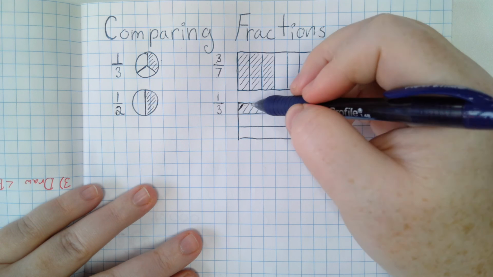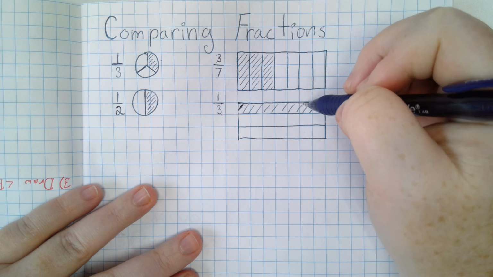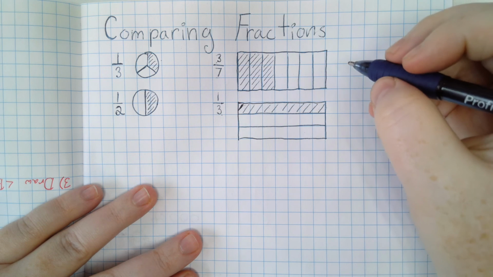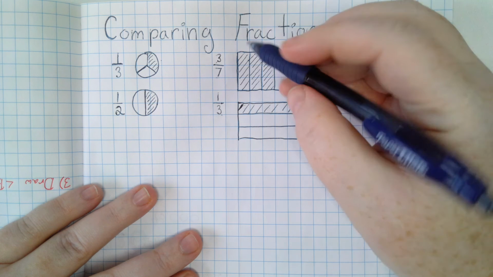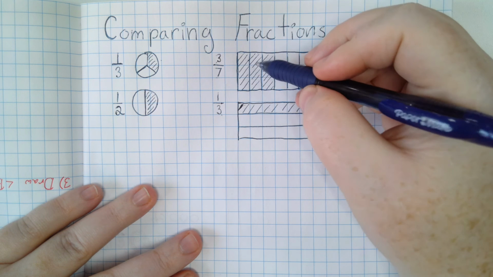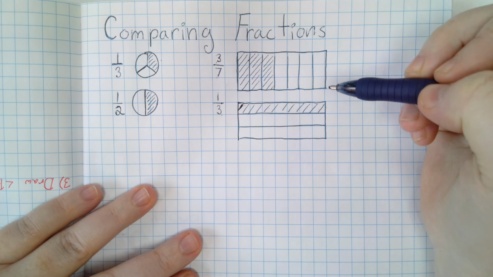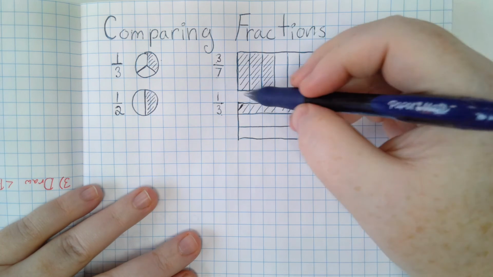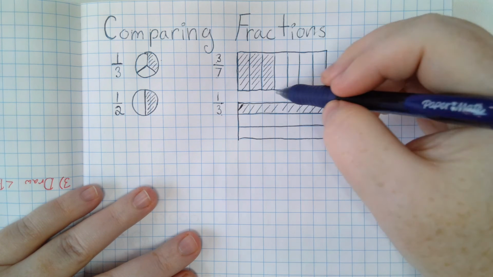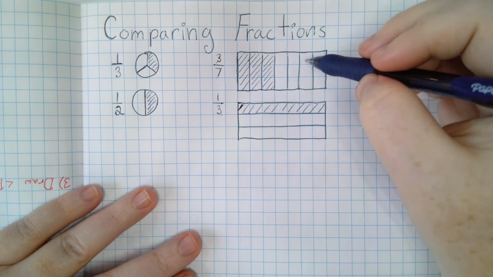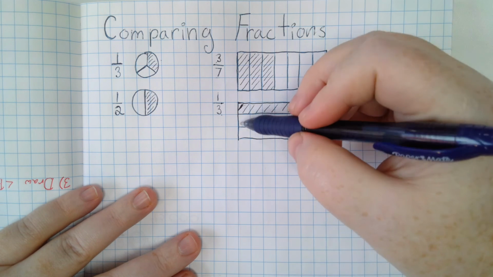So now I just have to see which one has more pieces. Well, this one has 1, 2, 3, 4, 5, 6, 7 pieces. Right? And this one has 1, 2, 3, 4, 5, 6, 7, 8, 9 pieces. So if we think about how many pieces there are total in this whole thing, well, it's just like the area model.